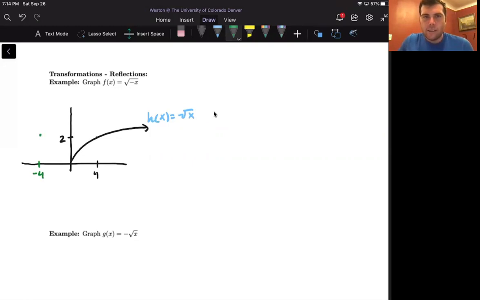And maybe we should think about the domain of this function as well. So maybe pause the video and think about what the domain has to be. Okay. So hopefully you came up with that the domain is going to be -∞ to 0.